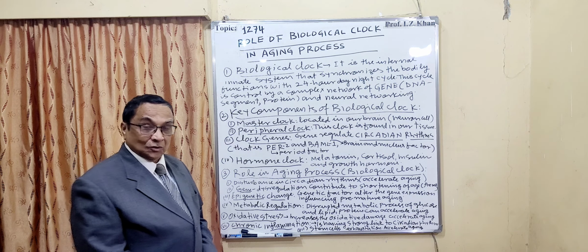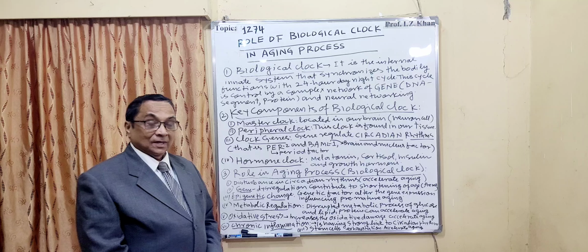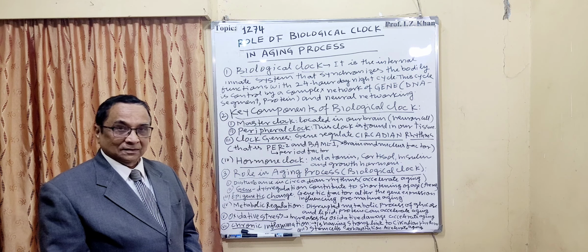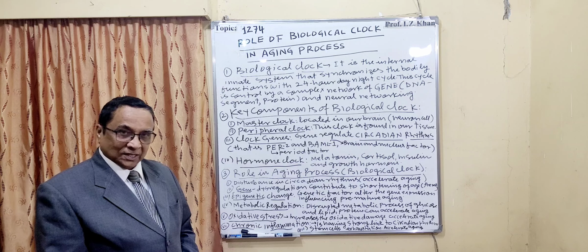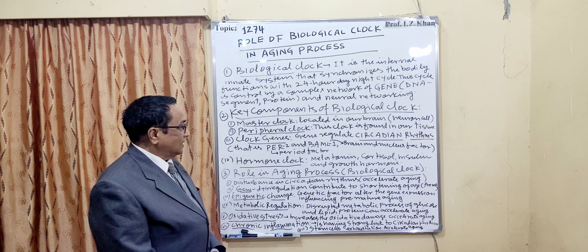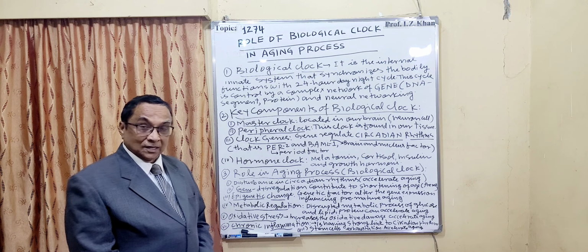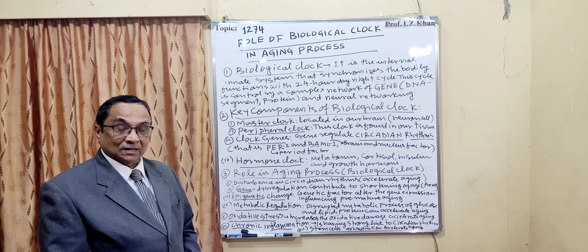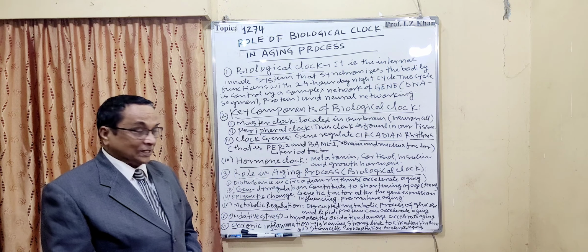And then number four is hormone clock. Hormone clock is also playing a very important role. Like melatonin is the hormone of night. Once you get up, it will reduce drastically. And then cortisol, your stress hormone, and by what activity it will increase or decrease.